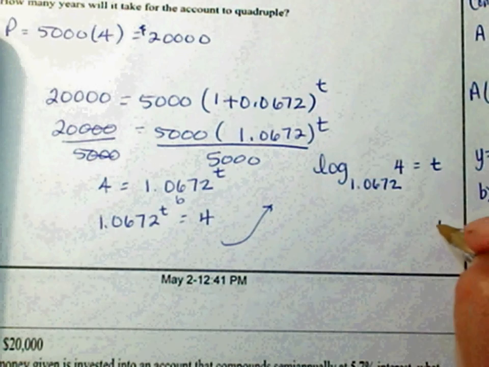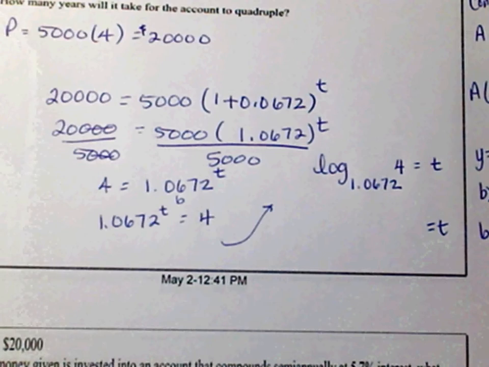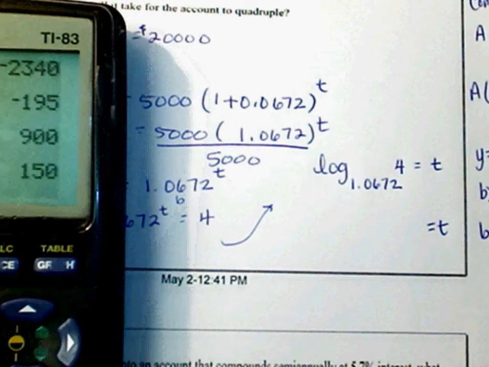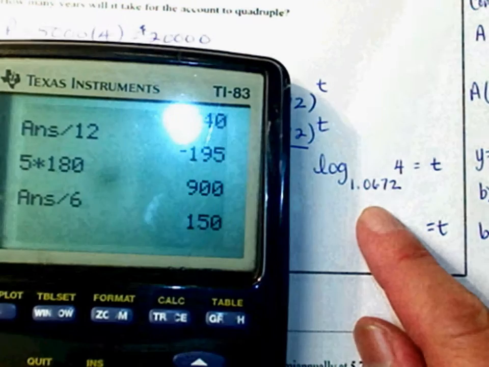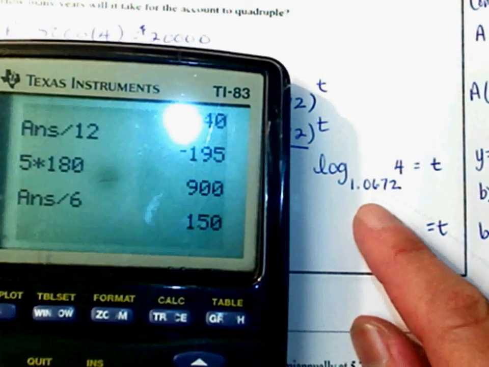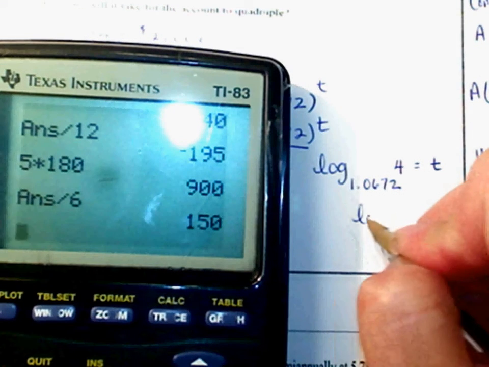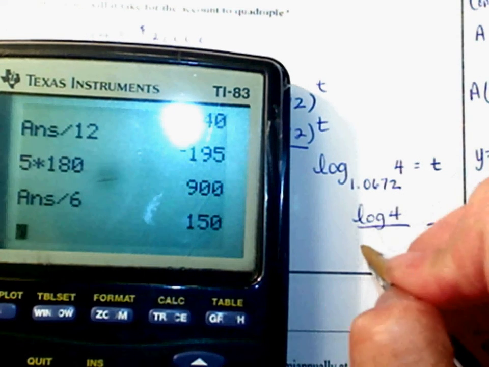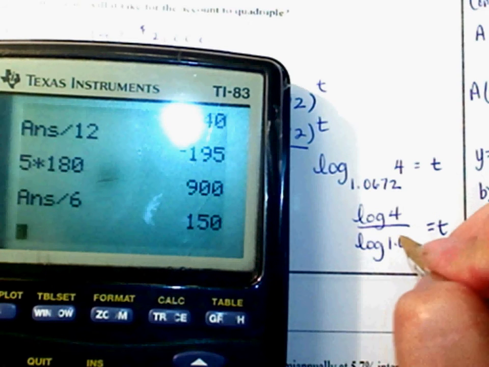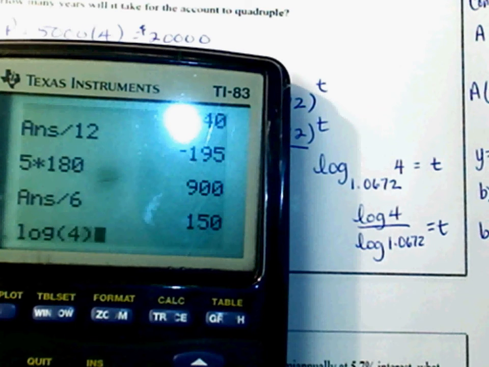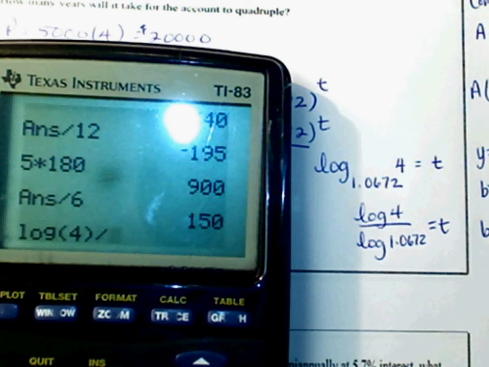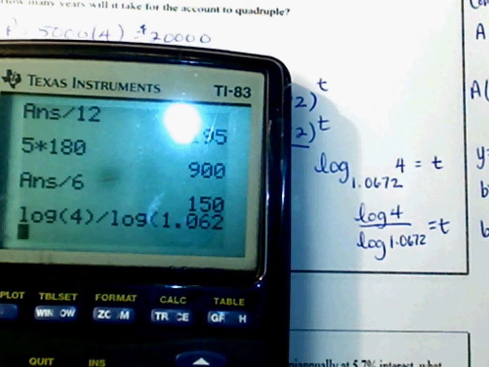So T is equal to, alrighty? Now, remember you can do alpha window, but since I have a TI-83, I'm not going to use an alpha window. I'm just going to change it to the base of 10, so I'm going to put log of 4, divided by log of 1.0672, in parentheses.